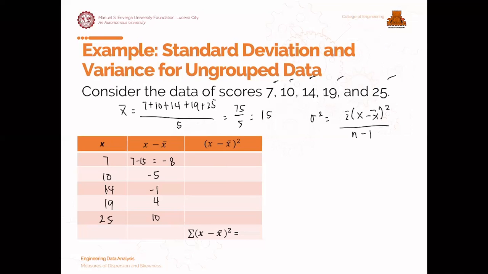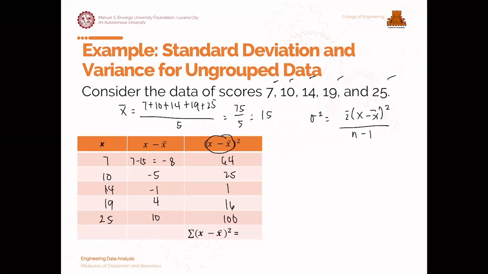So, the whole parenthesis is squared, no? It is inside the parenthesis, whole. So, the negative sign is included in our square. That's why all values in the third column will be positive. Okay? So, negative 8 squared is 64. And we have 25, 1, then 16, and 100.